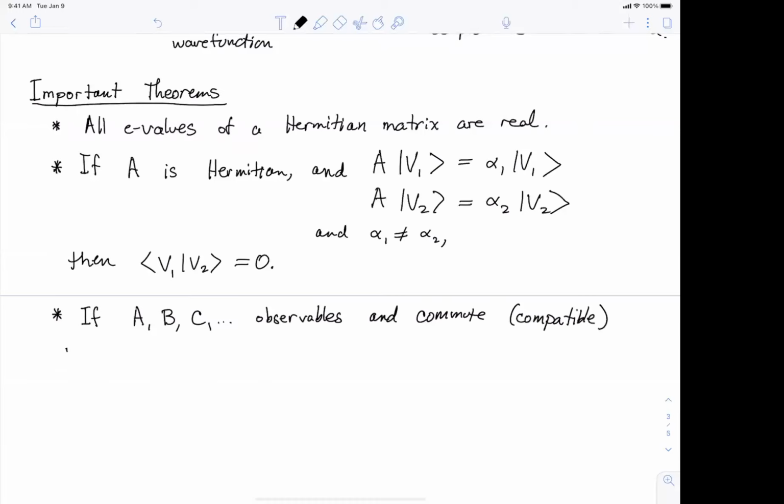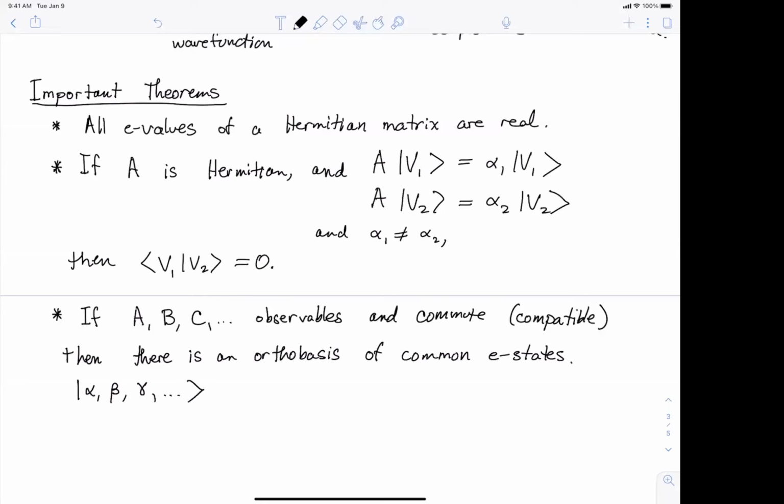Then you can make an orthobasis of common eigenstates. Common eigenstates just means it's simultaneously an eigenstate of each one of A, B, and C. And so we label them by their eigenvalues, however many there might be.